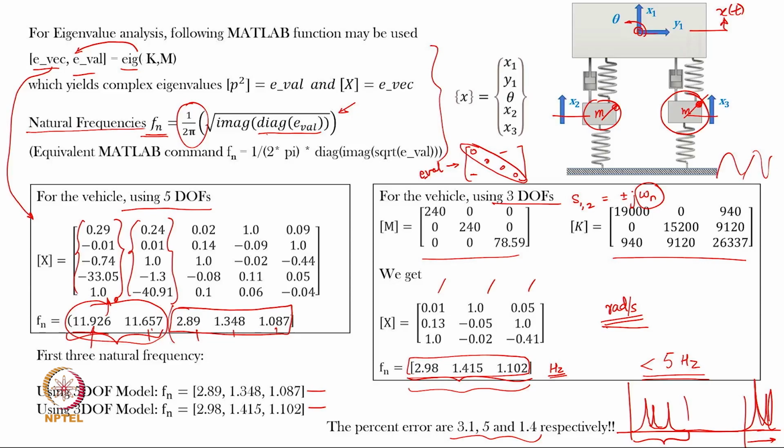It is not that you cannot find this out by not including the mass of the wheels, but if you include the wheel mass and then apply the forces here at this degree of freedom, then you can find out what is the response or influence of that unbalance on the response of the chassis.